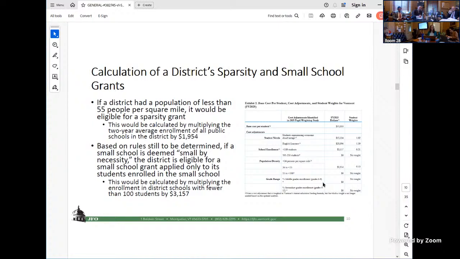That has a lot more detail underlying the original analysis, because this is the representation of updating that 2019 analysis. The current law weights in Act 127 were updated in 2022, I think, somewhere around that.